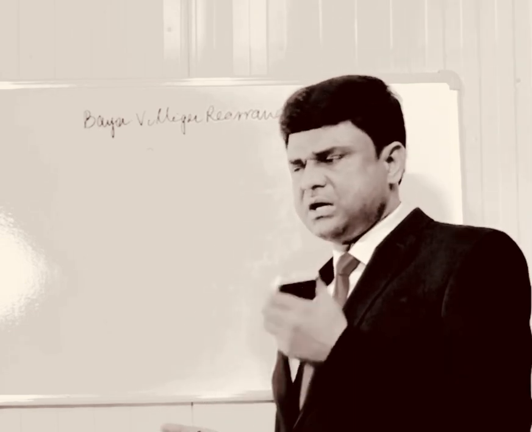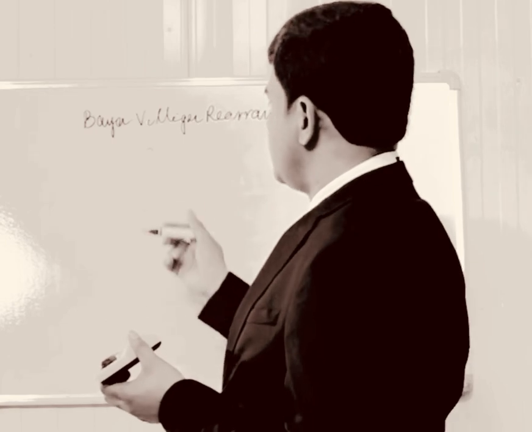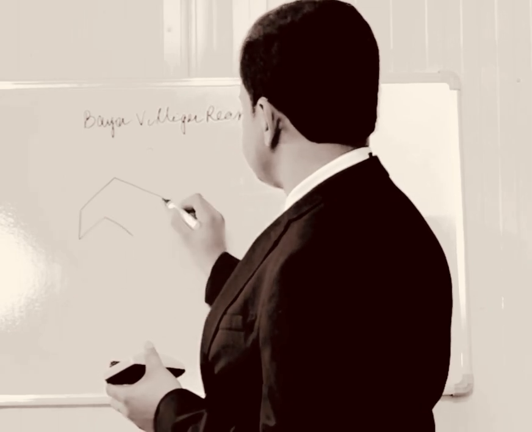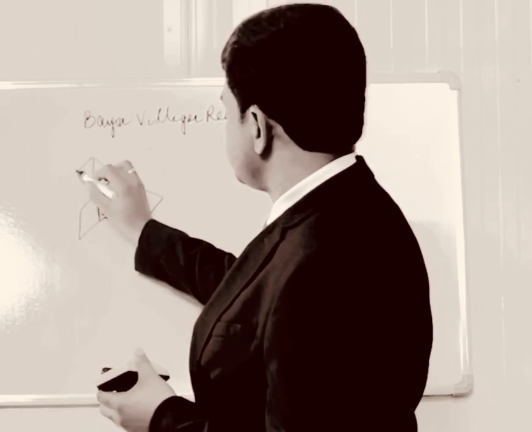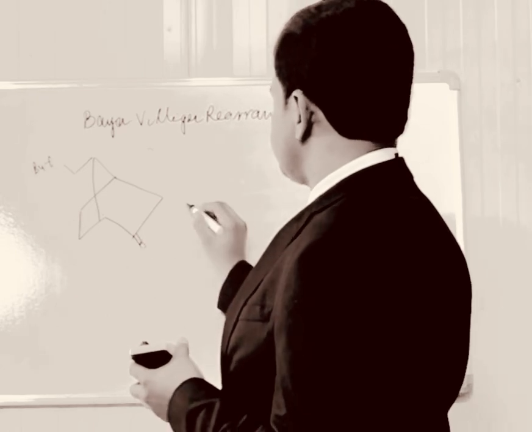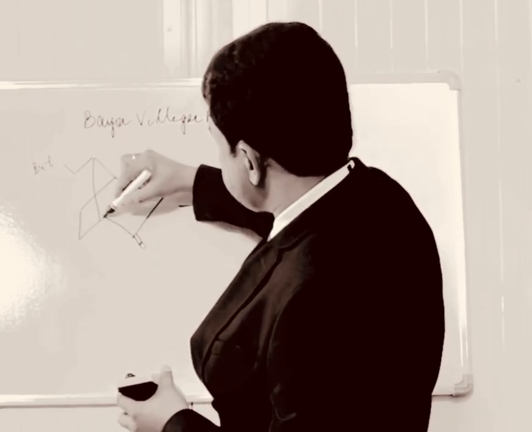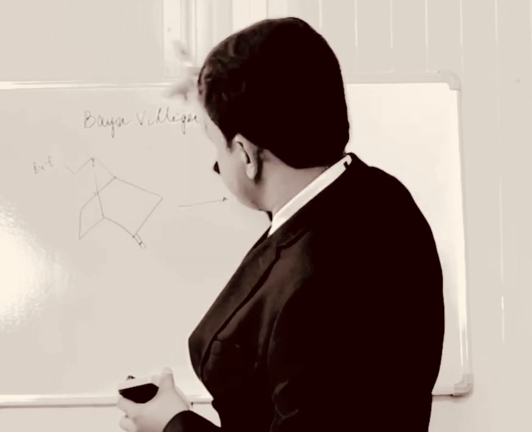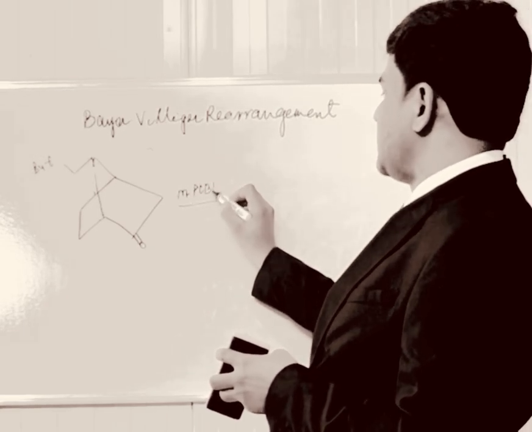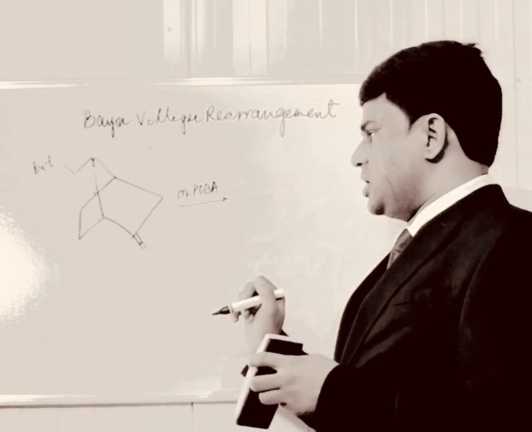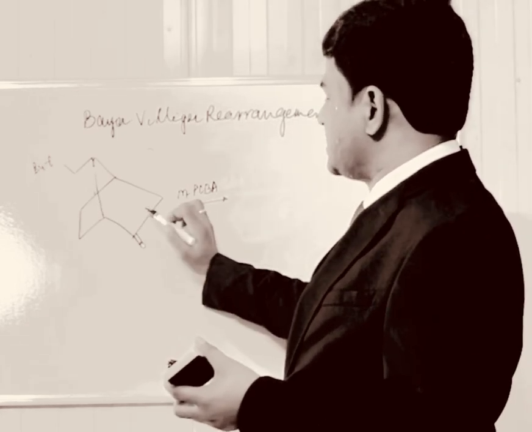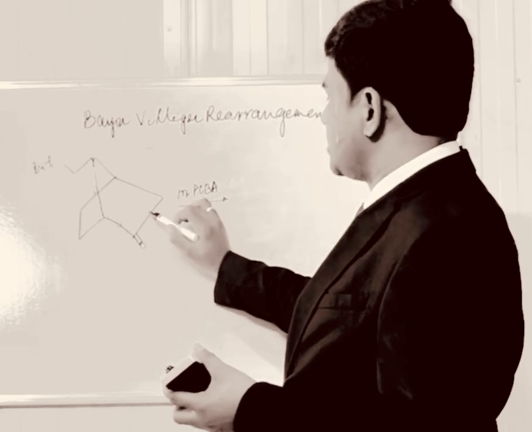If we take another example like this, if we have a bicyclic compound like this, a tertiary butyl type compound, and it fulfills the condition of this one, we see that if we treat it with meta-chloroperbenzoic acid, there are two possibilities. The first one is insertion of oxygen here, or the second one is here.